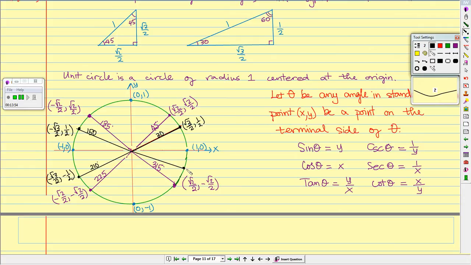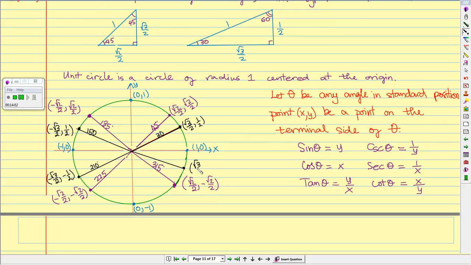Now we label the point. In quadrant 4, your x is positive, so it stays square root of 3 over 2, but your y will be negative. So far we have a total of 12 points.